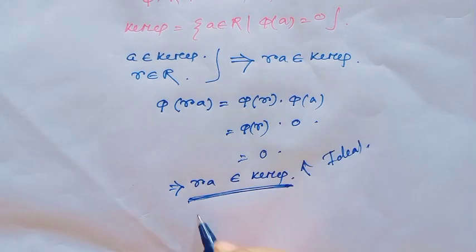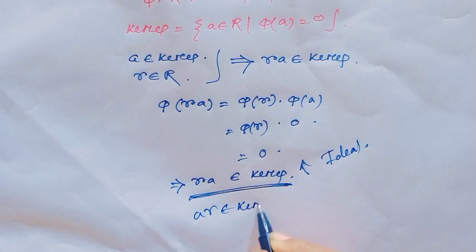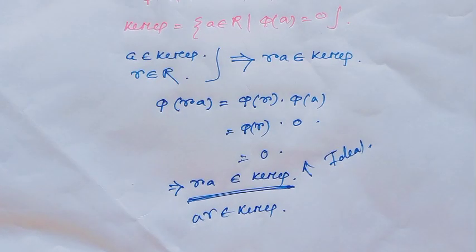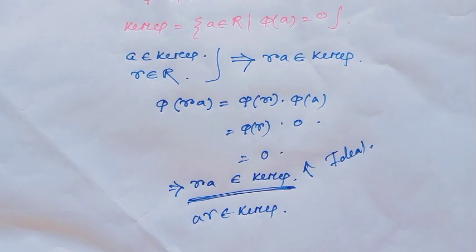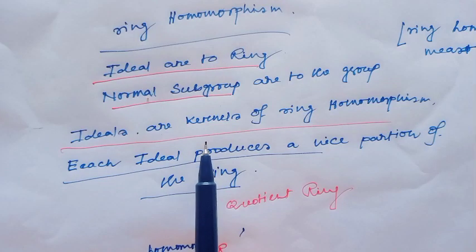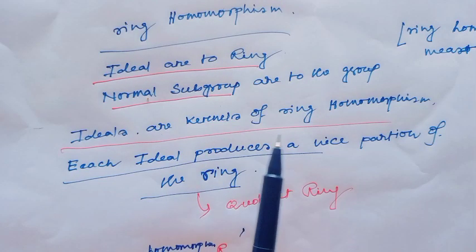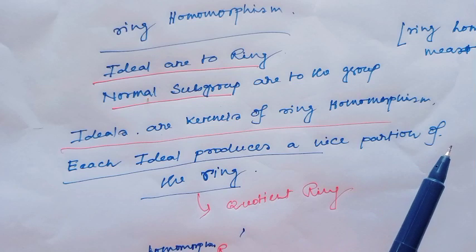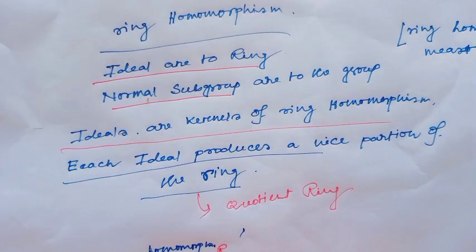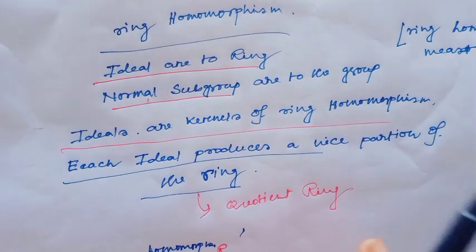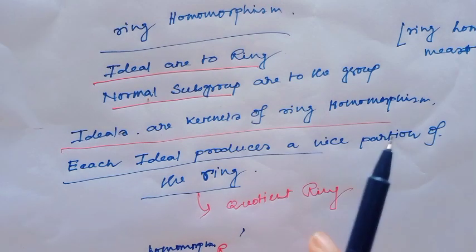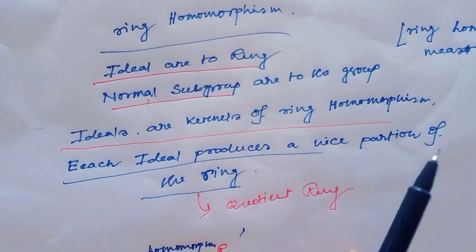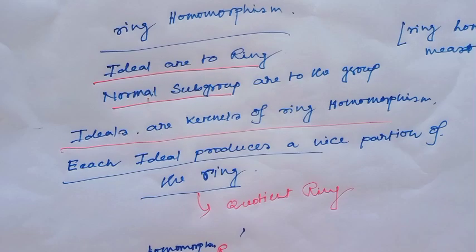That means ar also belongs to ker phi, so it is a two-sided ideal. So ideals are actually kernels of ring homomorphisms. Also, an ideal means there always exists a ring homomorphism of which it is the kernel.